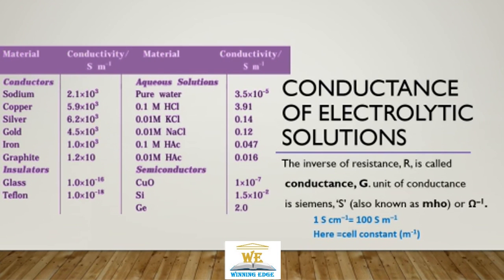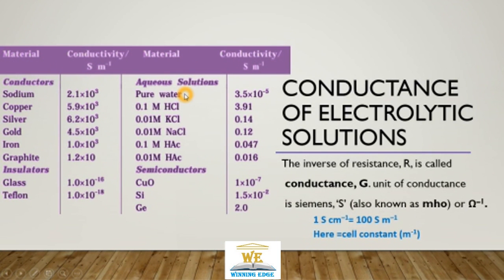Why don't we use silver for all our electrical power transmission? Simple: silver is fairly costly compared to copper. That's why we use copper for laying down all our cables. Next are insulators, where we see their conductivity is very low.